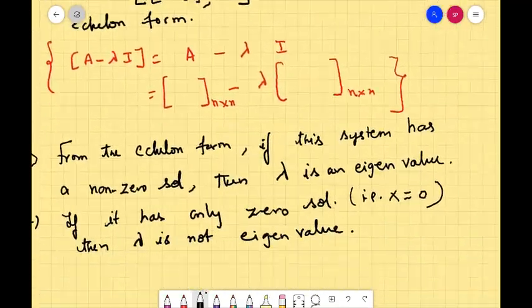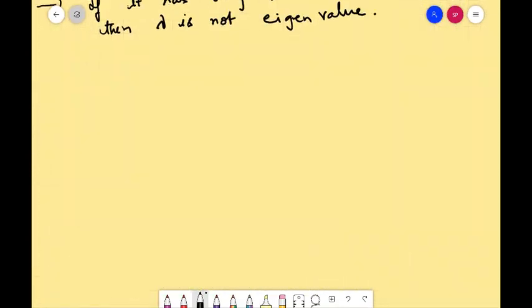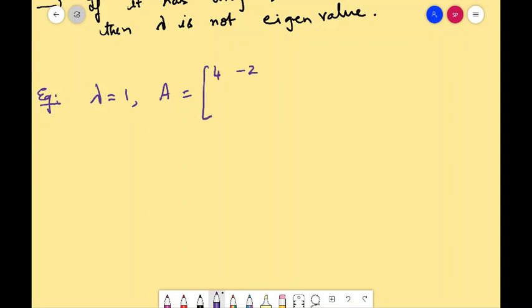Now let us understand this more by taking an example. Here I am taking lambda equal to 1, and A equal to the matrix 4, minus 2, 3, 0, minus 1, 3, minus 1, 2, minus 2.